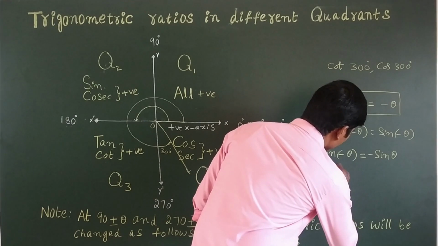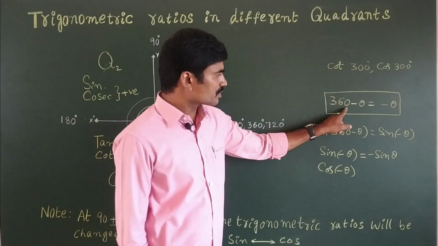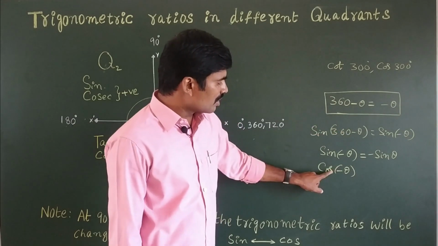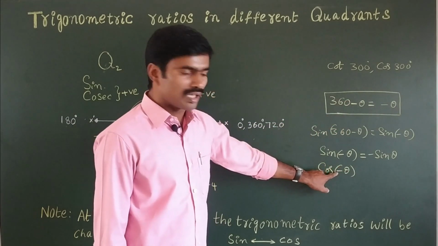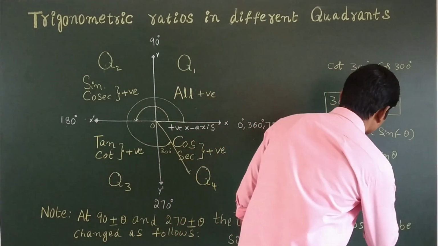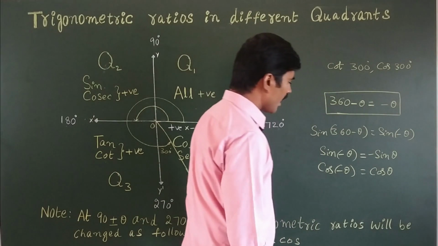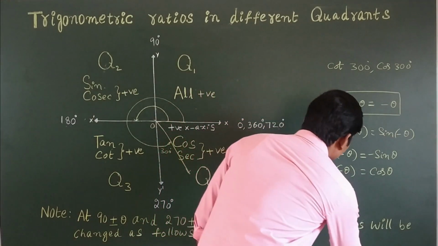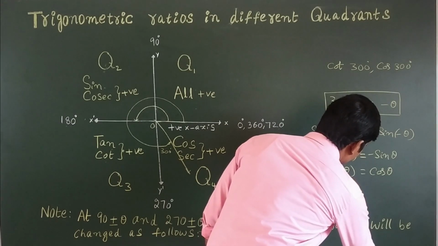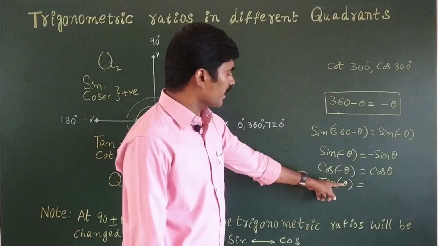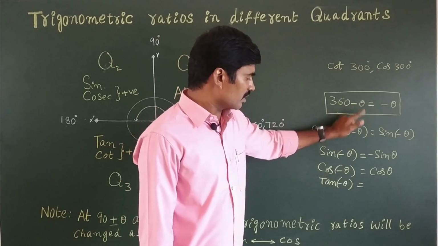And come to the cos of minus theta, that is equal to cos of 360 minus theta. In Q4 cos is positive. So cos of minus theta will be cos theta. And tan of minus theta means tan of 360 minus theta.